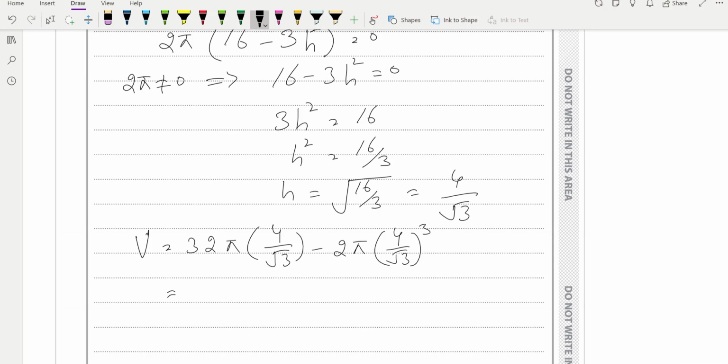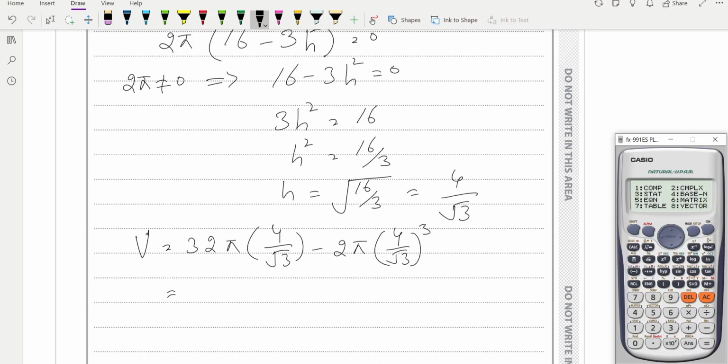And this is what we can find with the calculator. So it will be 32 pi, and in brackets 4 over root 3, bracket closed, minus 2 pi, and bracket 4 over root 3, bracket closed, raised to power 3, and this is equal to 154.775.